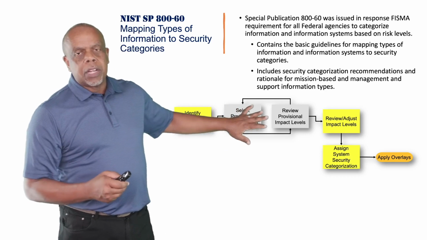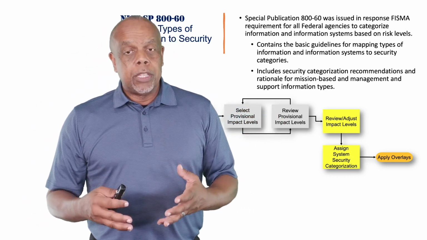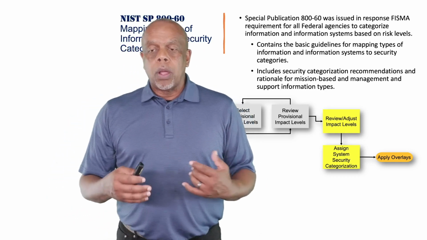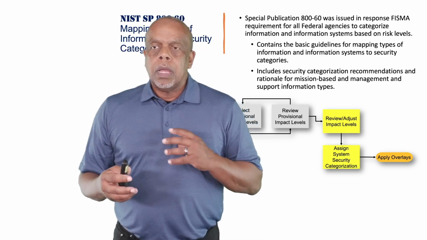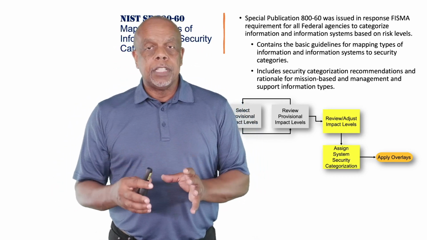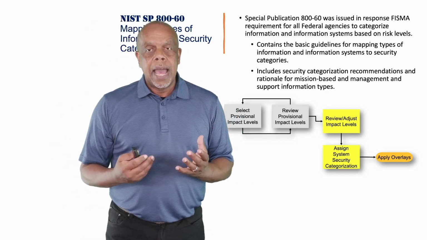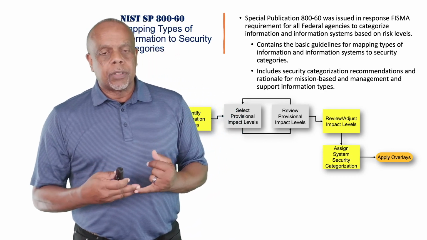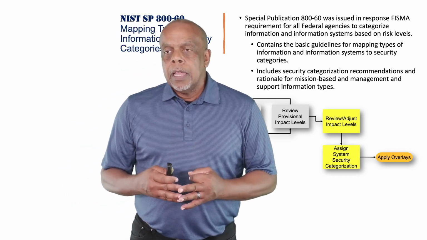Once we understand the categorization, that helps us understand how we want to protect our information system. If I am in an operational environment where maintaining the confidentiality of our information has been categorized as high, then I'm going to be using a lot of cryptography, a lot of encryption, and those types of things.